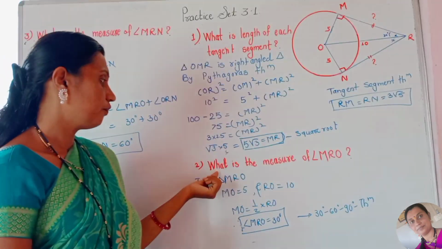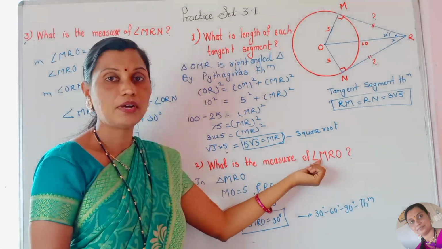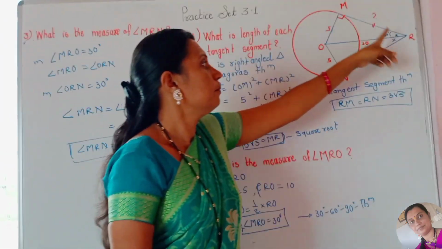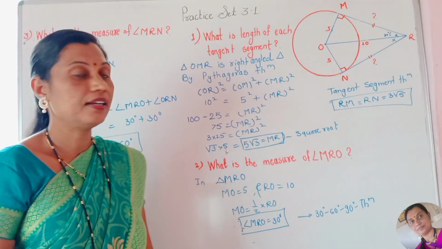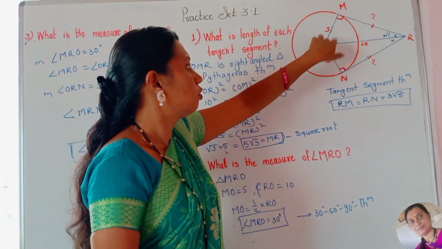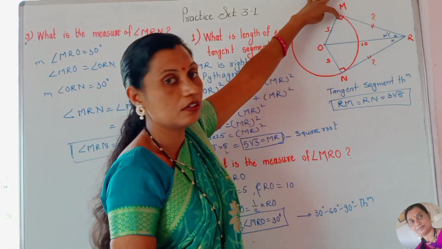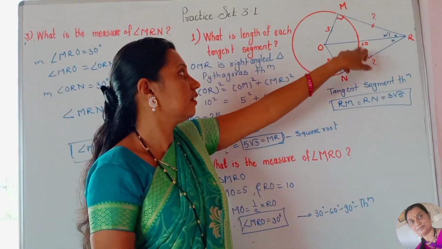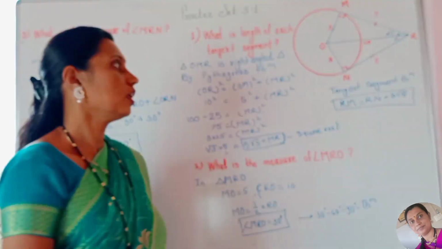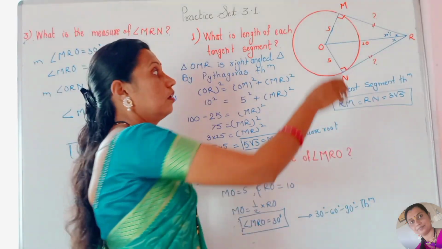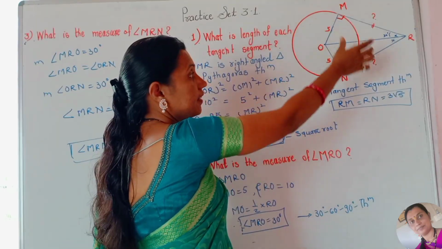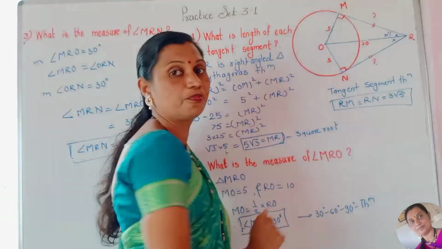Next question, what is the measure of angle MRO? In the right angle triangle OMR, this is 90 degrees, hypotenuse is 10, this side is 5. Now see here, the side OM is half of the hypotenuse.